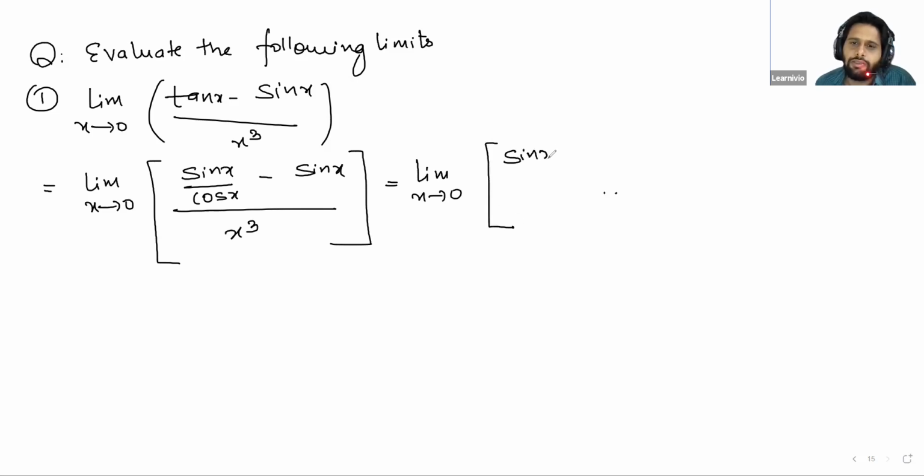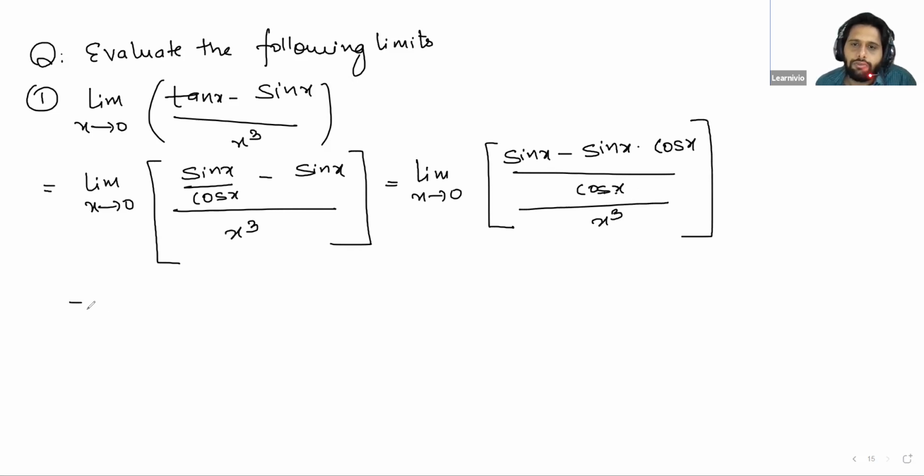This will become sin x minus sin x into cos x by cos x by x cube. Now in the numerator, please take common.